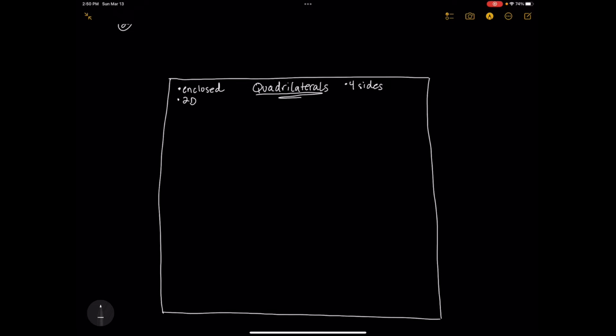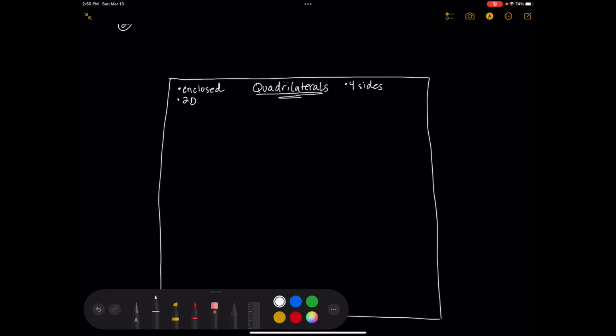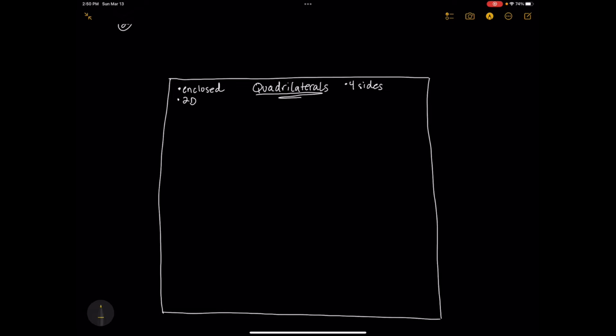Now, within that, there are other, more specific groups, okay? So everything inside this box is a quadrilateral. It's a four-sided shape, okay? So then we have a group called parallelograms.